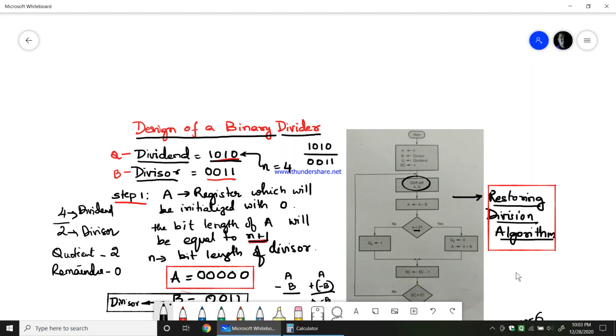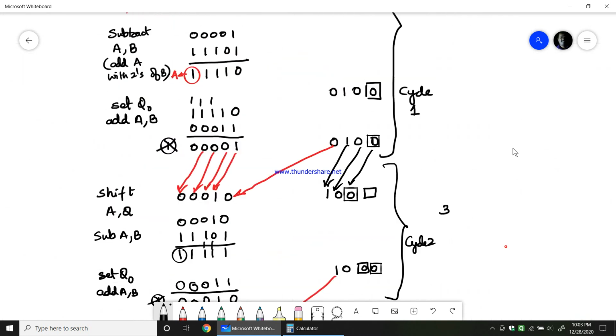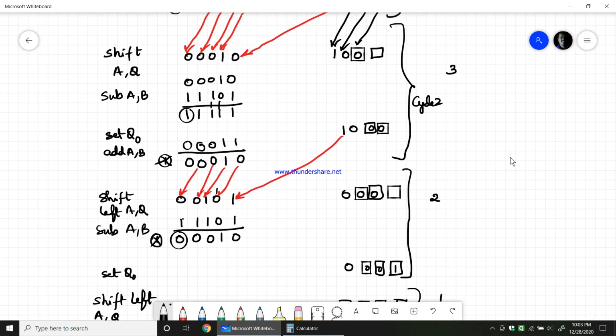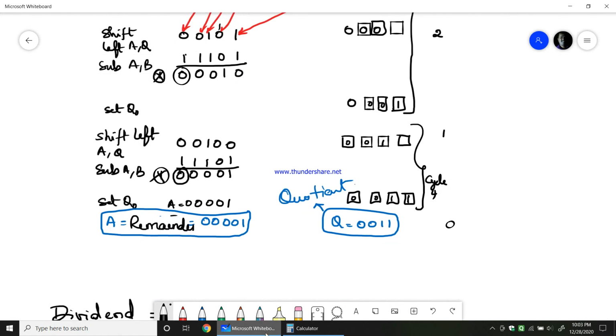I hope if you go back and see the problem, at the end we got the quotient to be equal to 11.